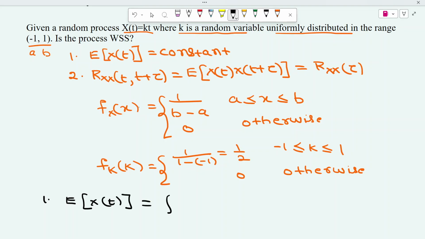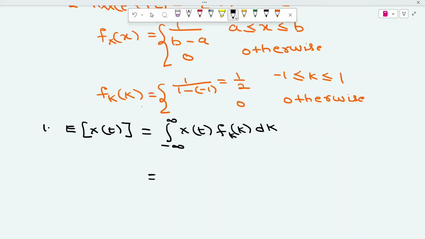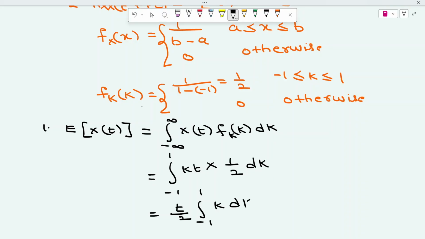Expectation of x of t is nothing but integral from minus infinity to infinity of x of t into the density function of the random variable, which here is k, dk. The density function exists only from -1 to 1, so it is simply -1 to 1, x of t is kt, into f k of k, which is 1 by 2, dk. Here t is a constant because integration is with respect to k, and 1 by 2 is also a constant. We can write t by 2 outside the integral, -1 to 1 of k dk.